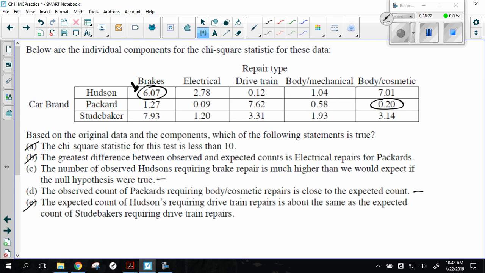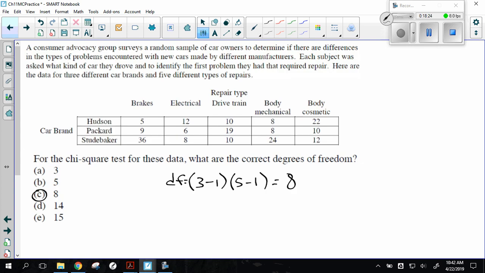I think if we go back to our next table and look at our corresponding value for the Hudsons, it's very low. It's much lower. So what that tells me is that our observed minus expected turned out to be a negative number.